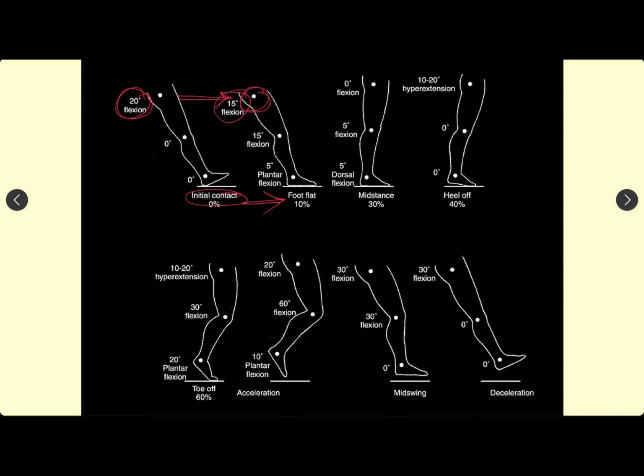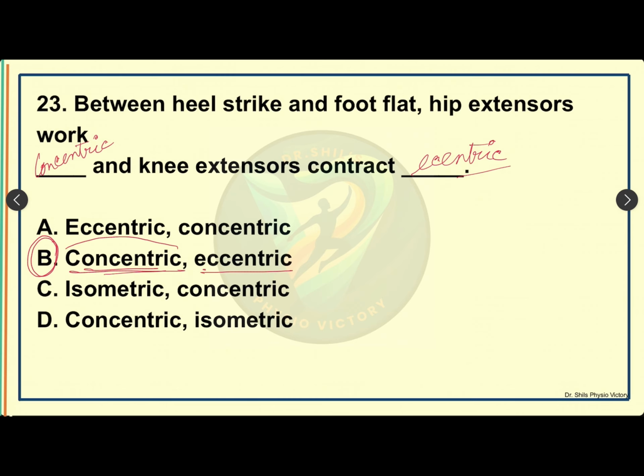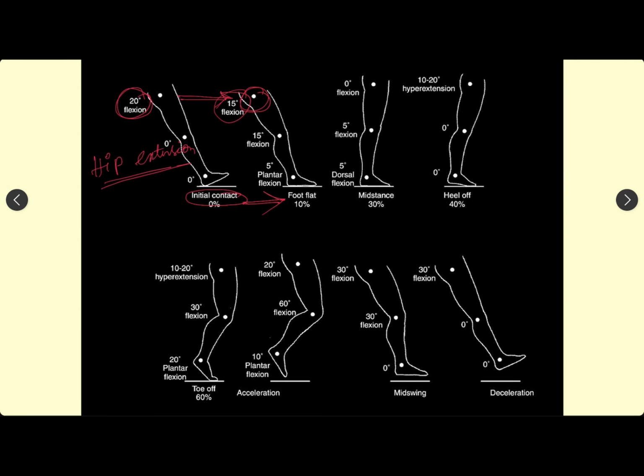So, hip flexion reduction means there is hip extension, which occurs by the concentric contraction of the hip extensor, and in the knee joint there is 0 degree knee flexion to 15 degrees knee flexion.